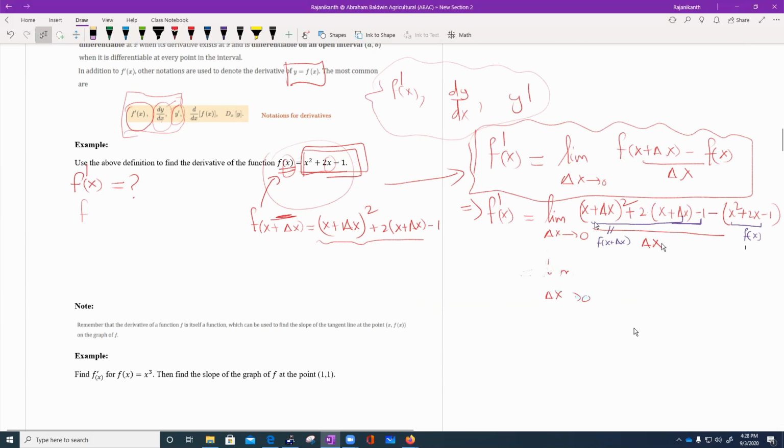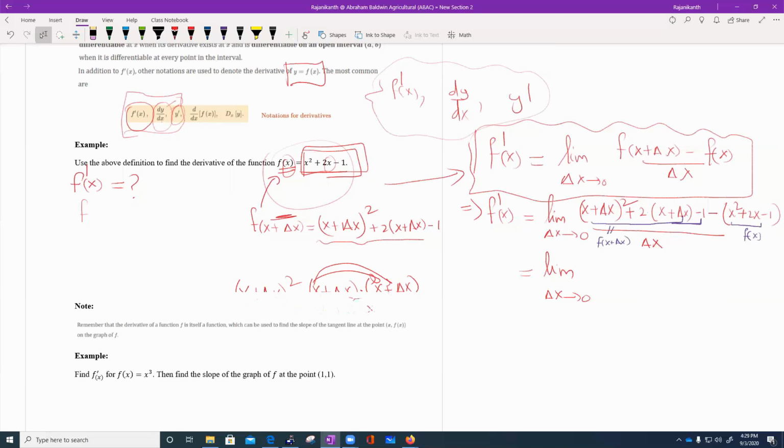First of all, you need to expand this quadratic expression, right? So what is x plus delta x whole thing squared? Remember, this is nothing but x plus delta x multiplying itself. That is the meaning of square. So now you distribute: x times x is x squared, x times delta x is x delta x.